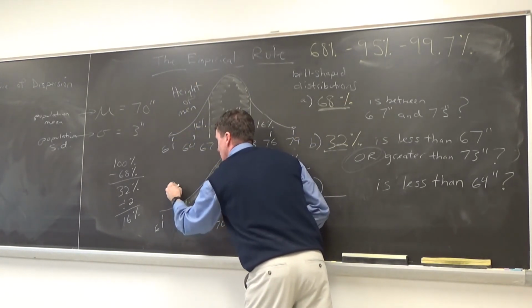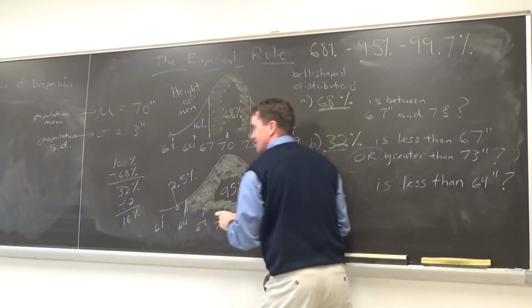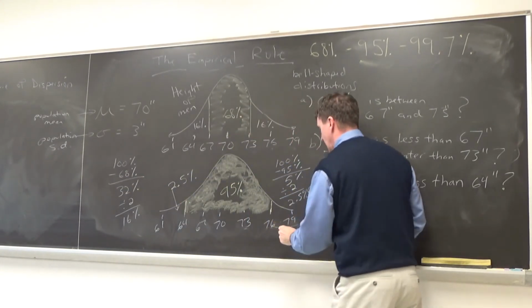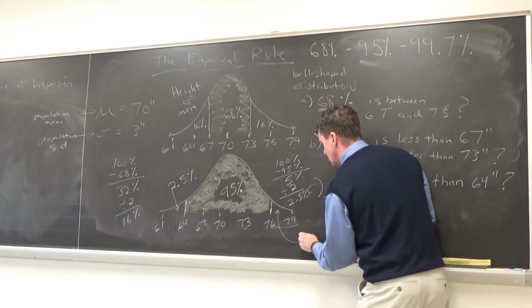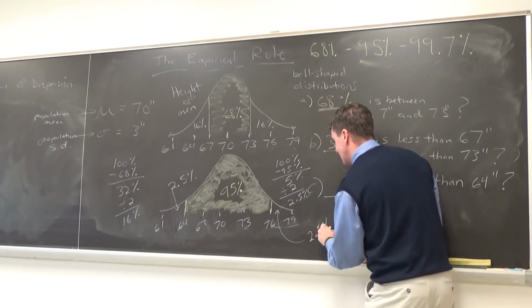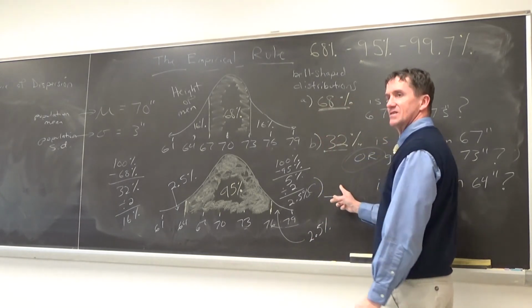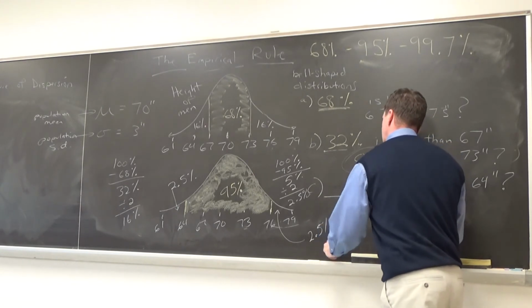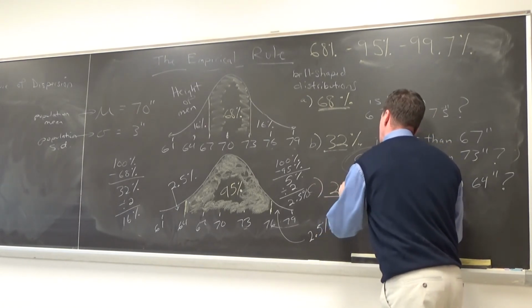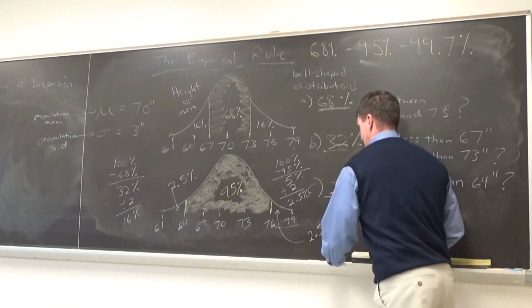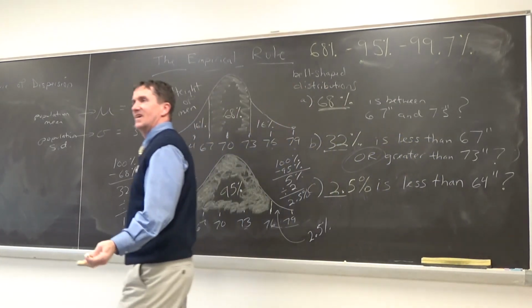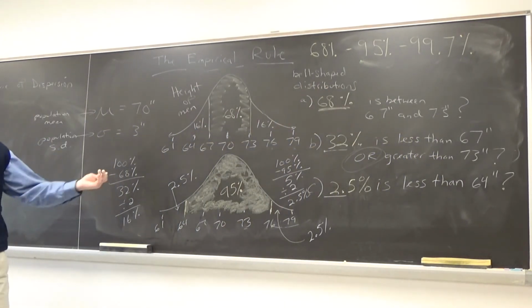There's 2.5% of men in there. It goes on forever that way. And there's 2.5% of men in there. So what's the answer? 2.5%. Right? I don't think I can stump you.